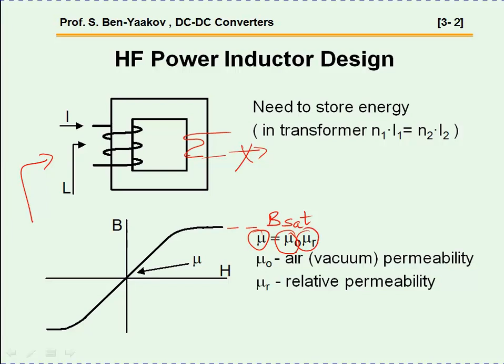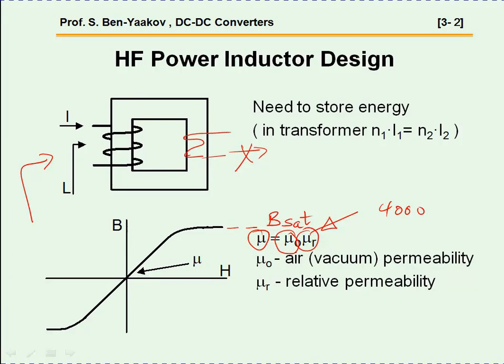For air, it will be 1. Now, the advantage of the ferrite, or in general ferromagnetic cores, is that they do have a fairly high relative permeability. Could be in the area of, say, 4,000.